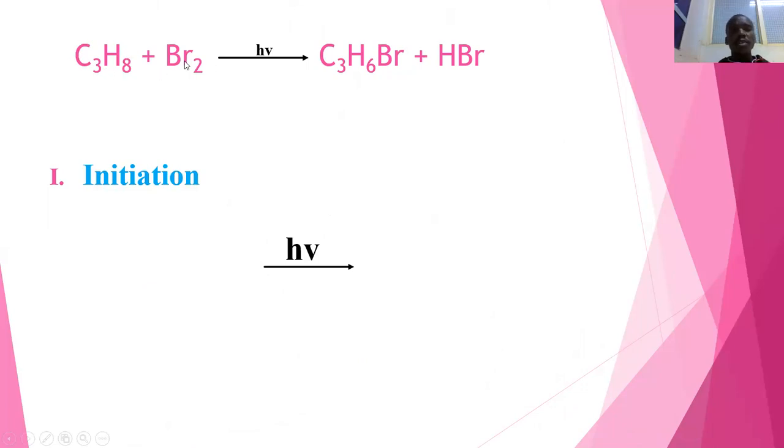When propane reacts with bromine in the presence of UV light or heat, one hydrogen from here will be substituted with one bromine atom here to form bromopropane.